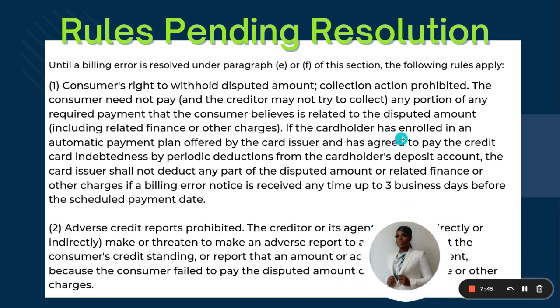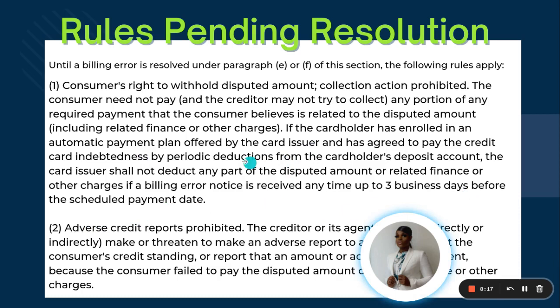Now, if the card holder has enrolled in an automatic payment plan offered by the card issuer and has agreed to pay the credit card indebtedness by periodic deductions from the cardholder's deposit account, the card issuer shall not deduct any part of that disputed amount or any related finance charges or other charges if that billing error notice is received anytime up to 3 business days before the scheduled payment date.